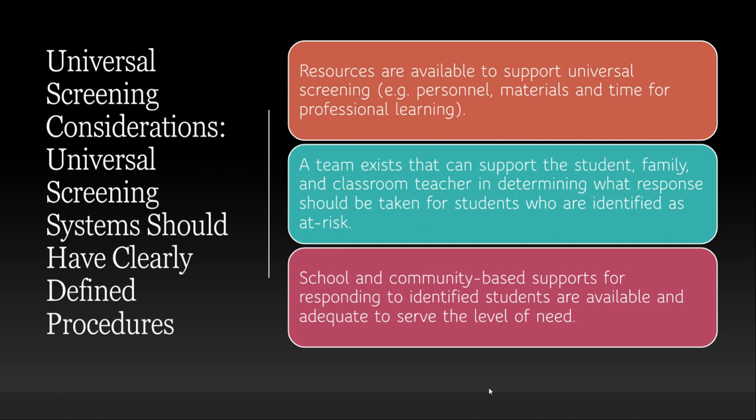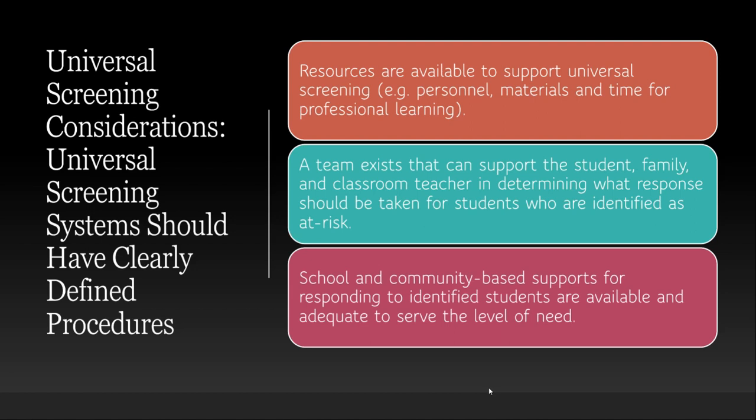So again, prior to that tier 2 team administering this universal screener, they should have a plan in place for how they're going to support those students that they're identifying. And so that tier 2 support system and those interventions should be in place prior to that student identification process.